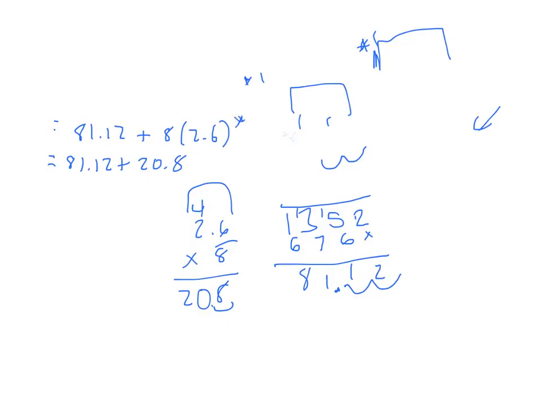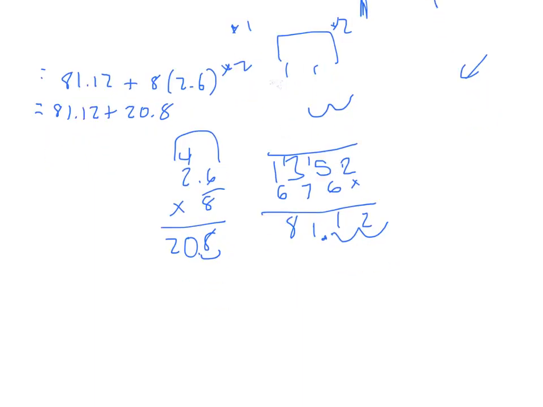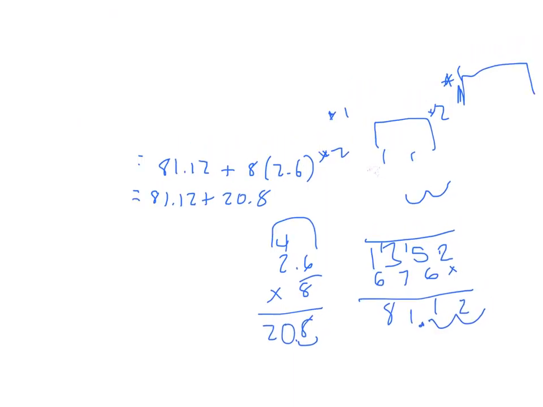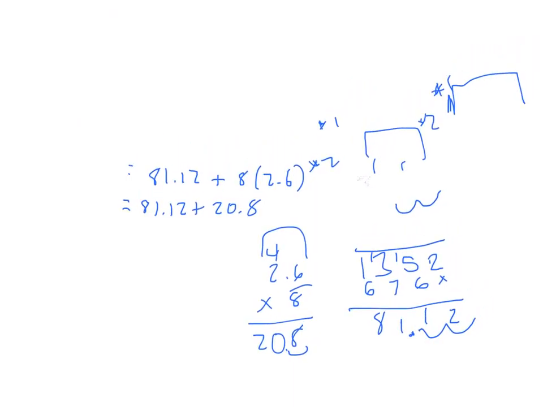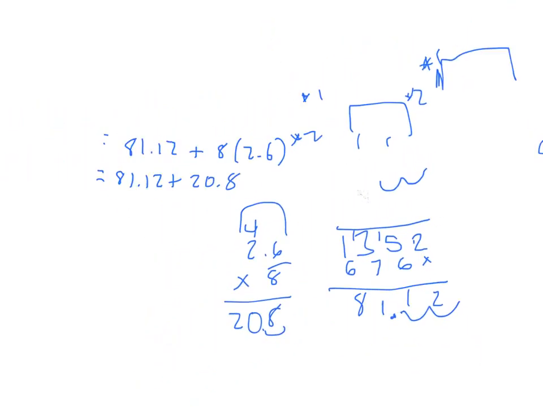Star star star 2. Star star star 2, to try and make it clear what's going on. This is not how I'd want your answer to look. But again, I don't have as much room on my page. I mean, I can move it around, but then you start to lose sight of the rest of the question. So I want to make clear that this is not what I want it to look like exactly.